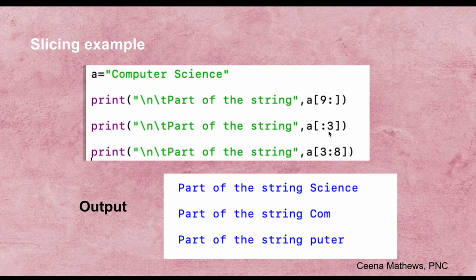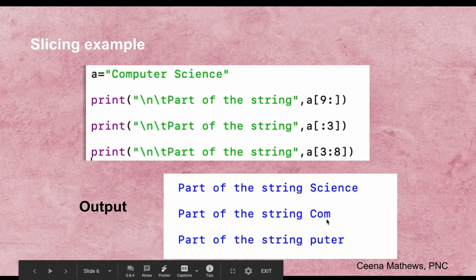Index 3 is not included for extraction. Here C represents 0, O is 1, M is 2, P is 3. Since we don't include the character representing the end index, the extracted string is "com", as you can see in the output.